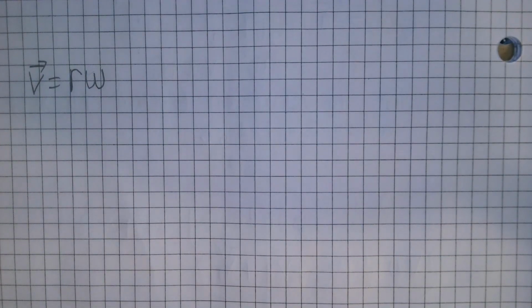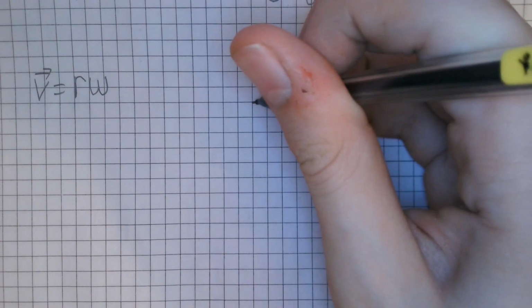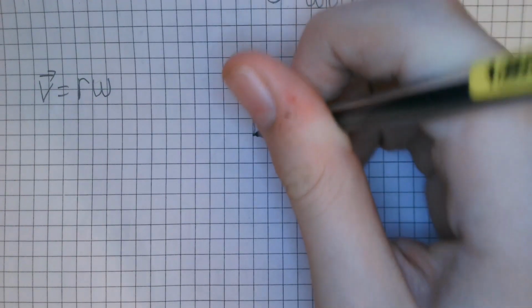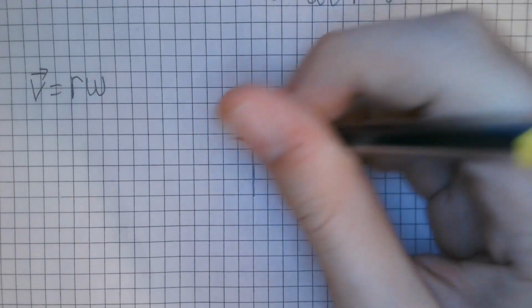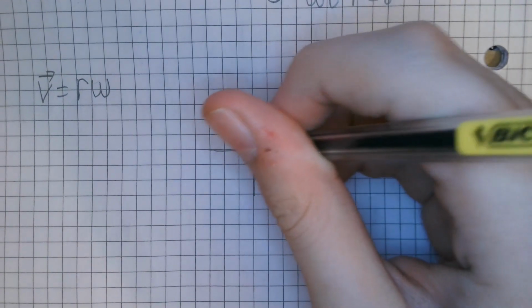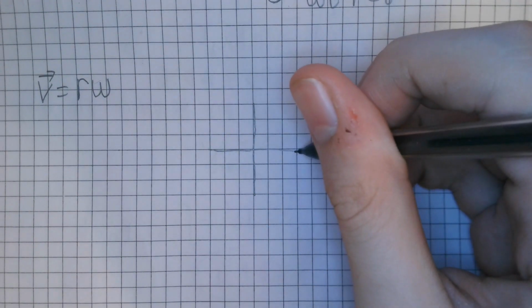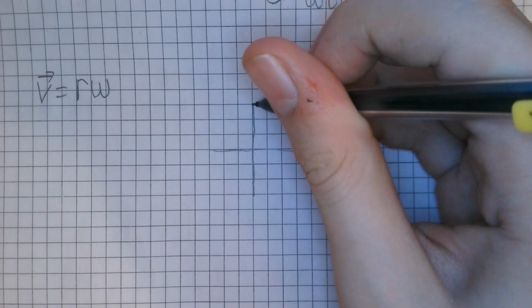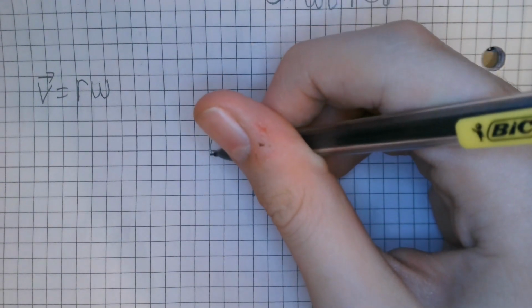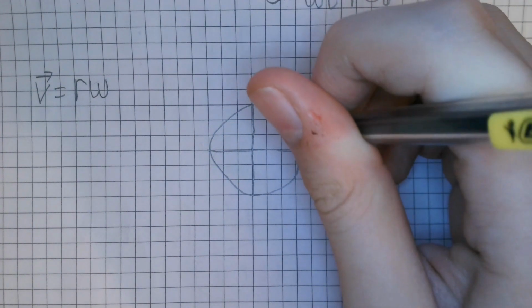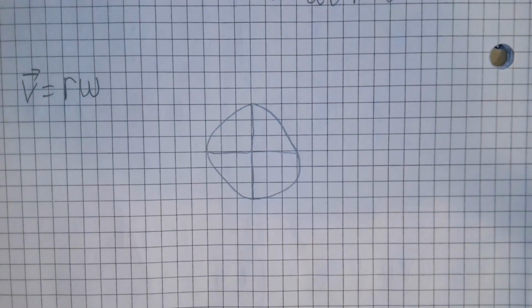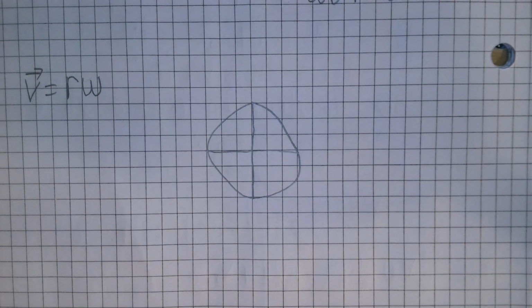Okay, so now I'm going to very, very quickly and very poorly probably draw a circle. Okay. Not horrible, but certainly not great.